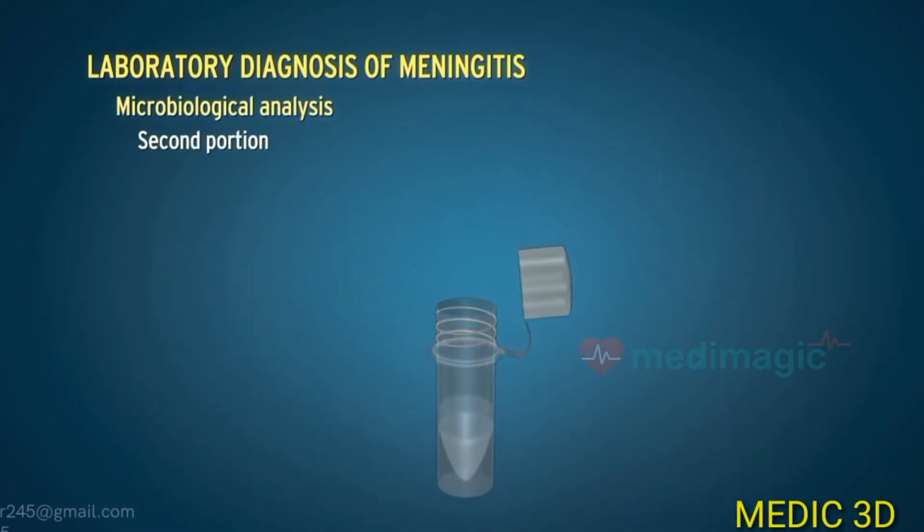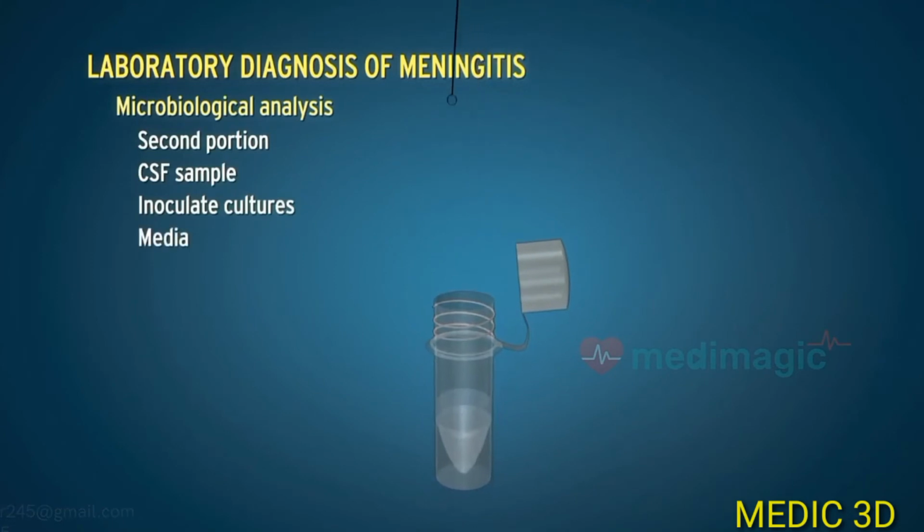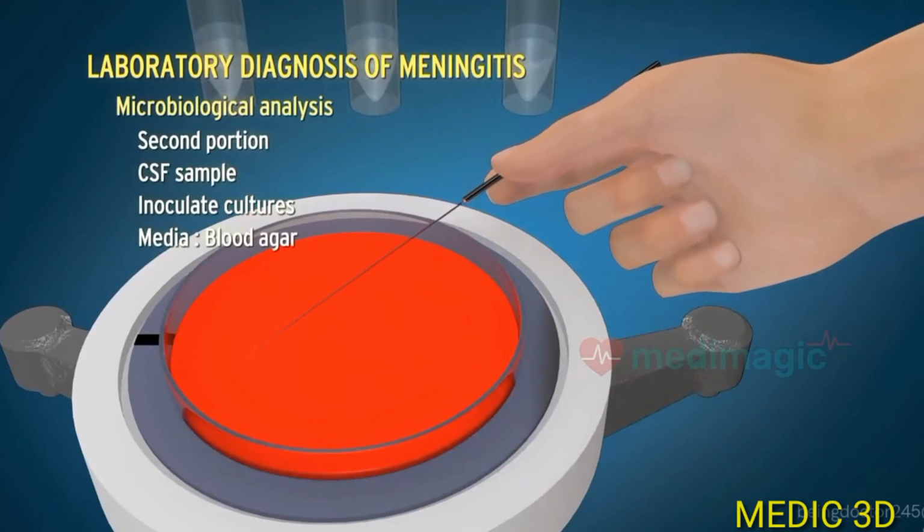A second portion of the CSF sample is used to inoculate cultures on different media, such as blood agar.